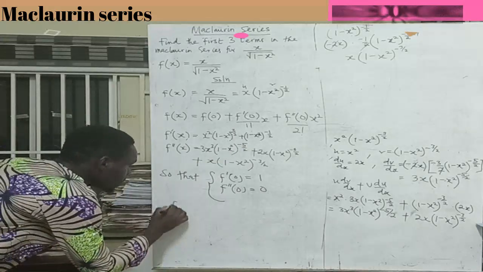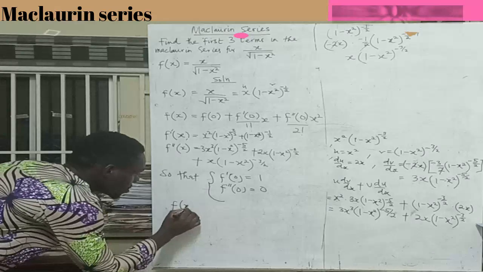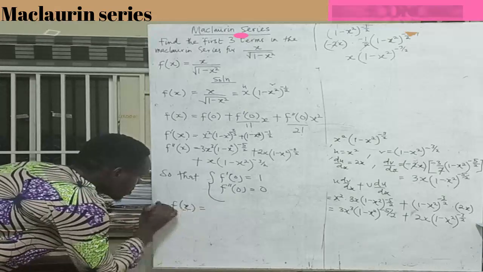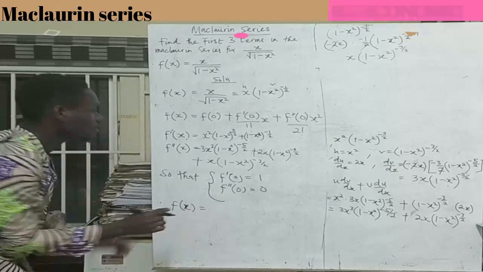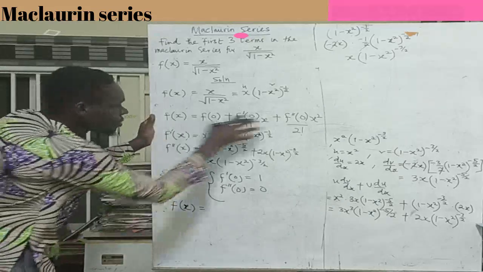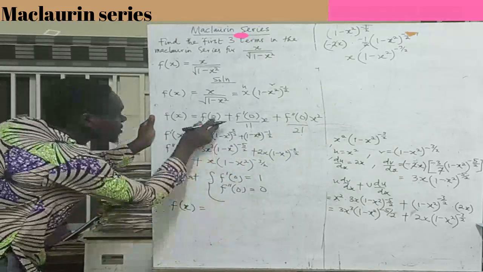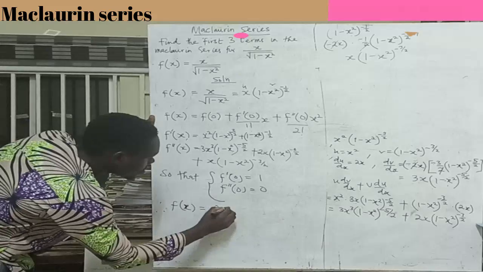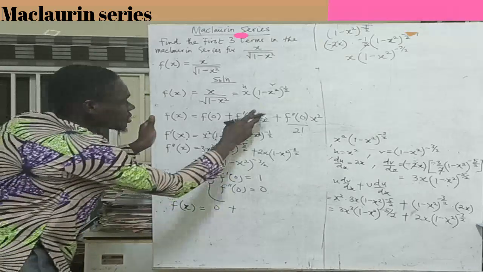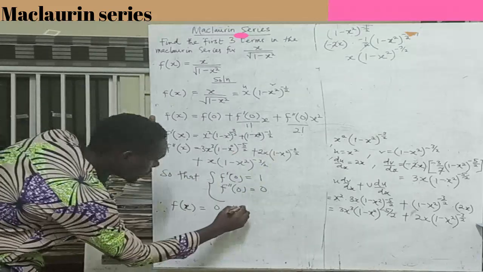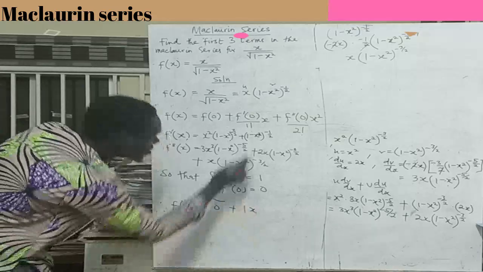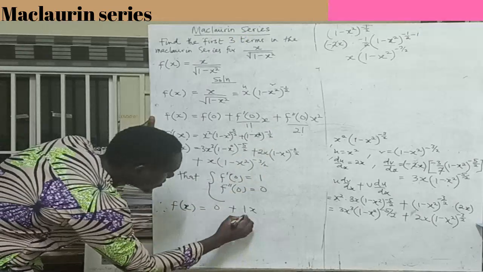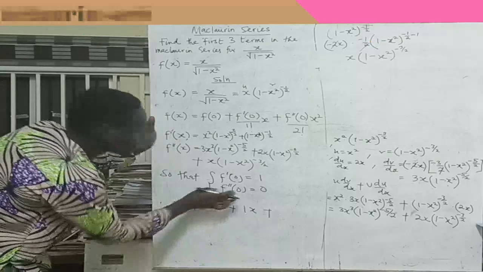So therefore, by applying the formula now, I have this to be 0. This is 1. Then this plus this is 0.